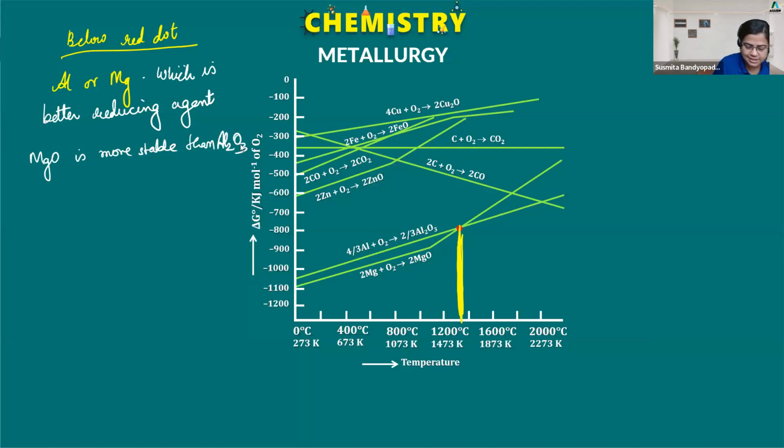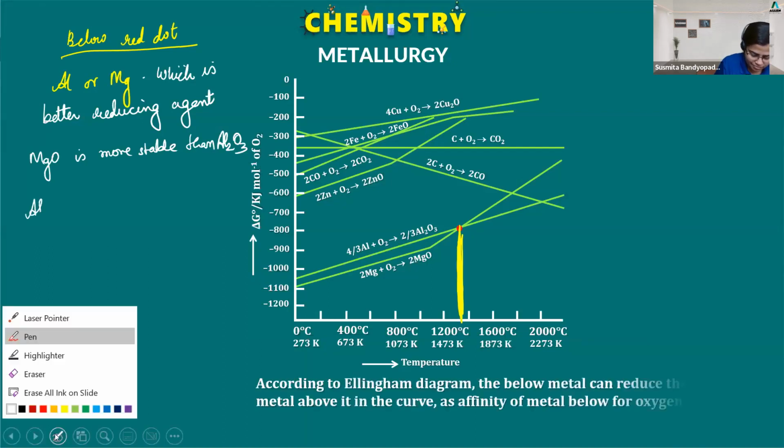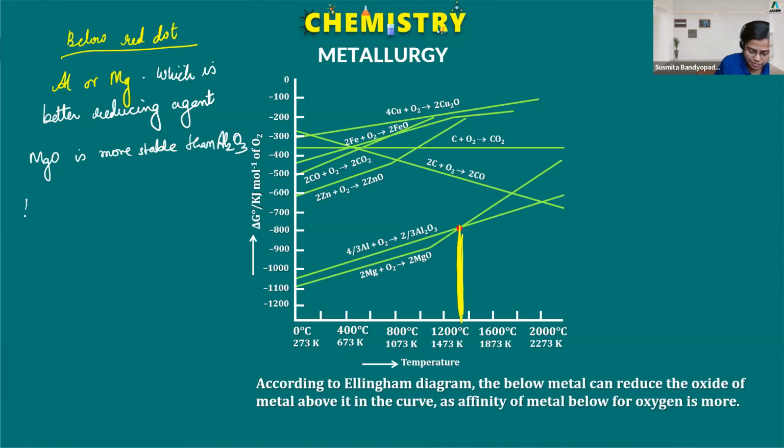If MgO is more stable than Al2O3, Al2O3 should react with Mg to form MgO and Al, because I want the more stable one from the less stable one.